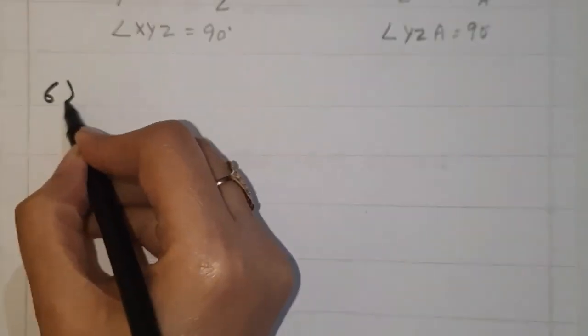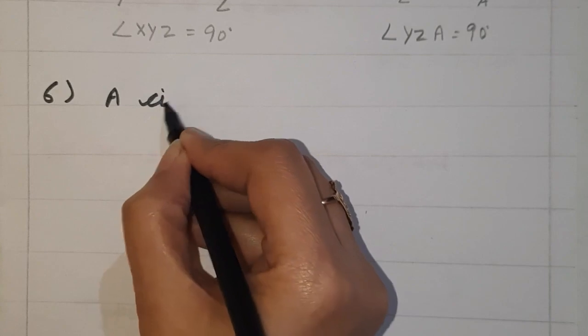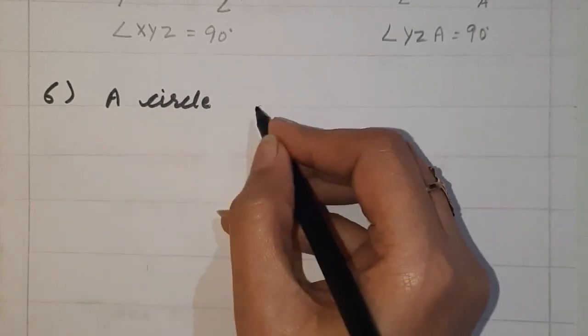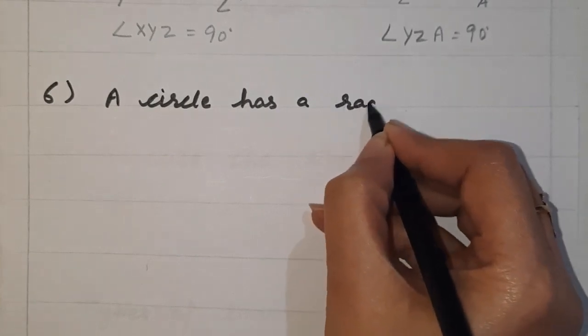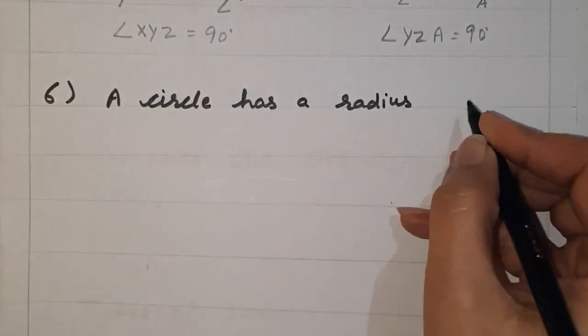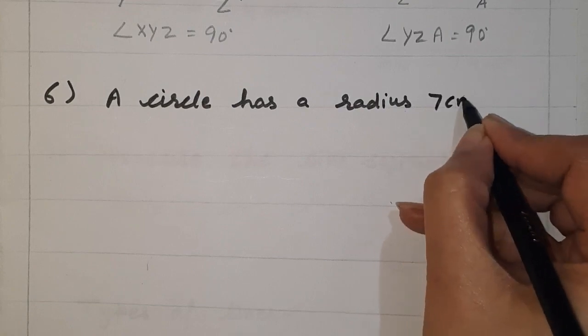Let's do practice question. A circle has a radius (7 centimeter).